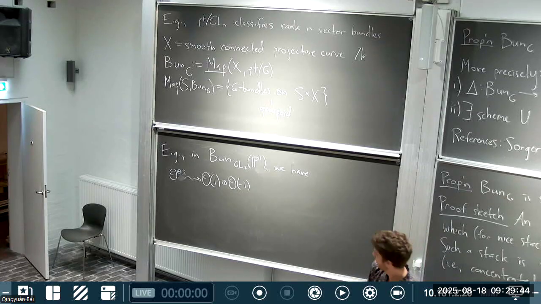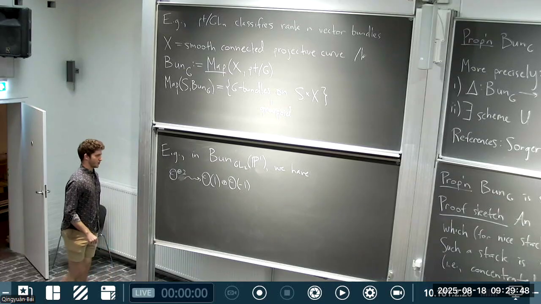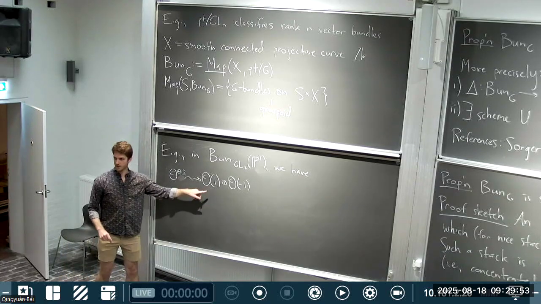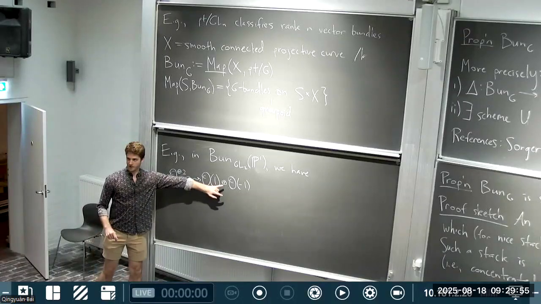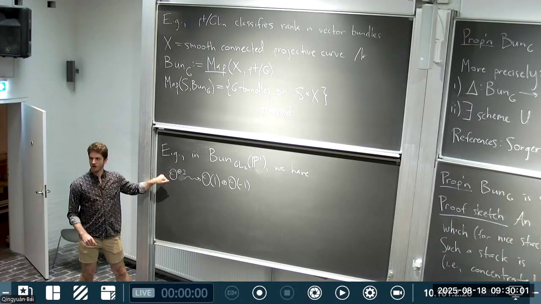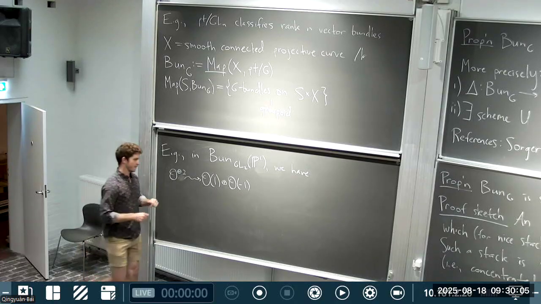Yeah, so this is illustrative of the general case, right? What I mean by this wiggly arrow is that this point specializes to this point. This is a K point of Bun G, and in fact it's contained in the closure of this K point. Also a very characteristically stacky type of behavior, right?